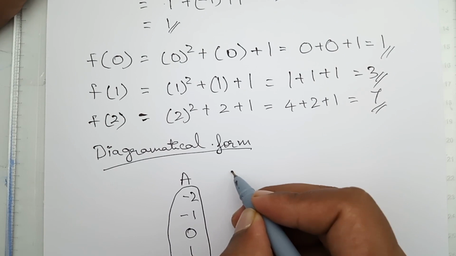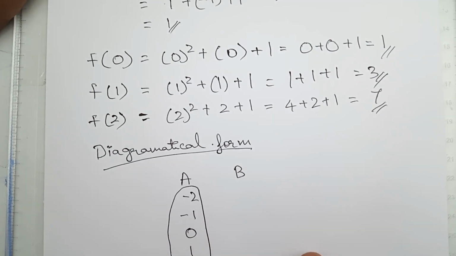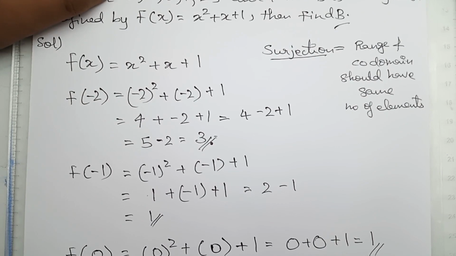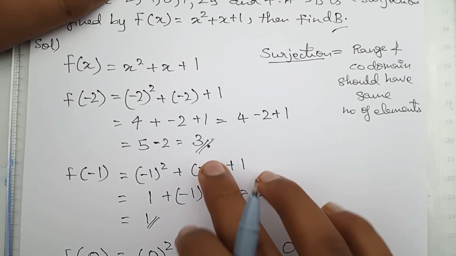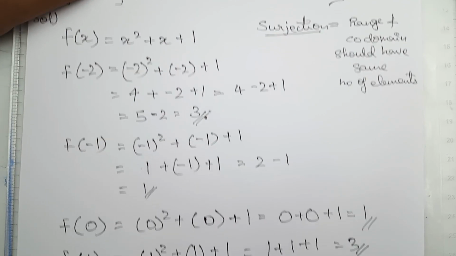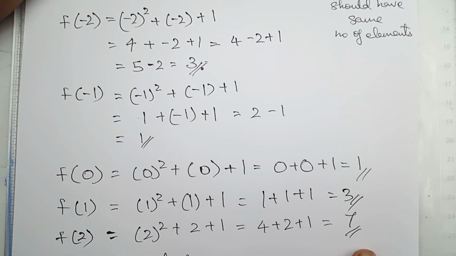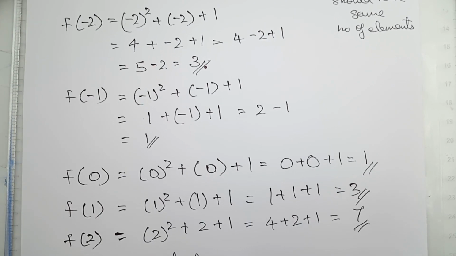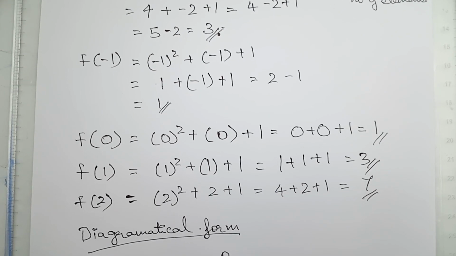These are the elements in A. And in B we have got the answers 3, 3, 1, again 1, again 3, and 7. 7 is not repeated.